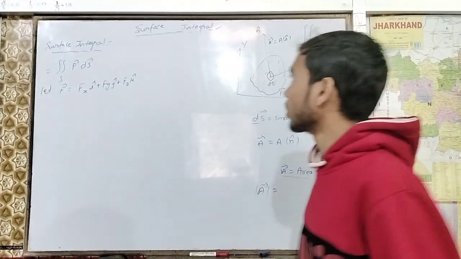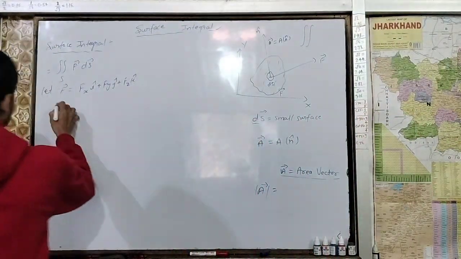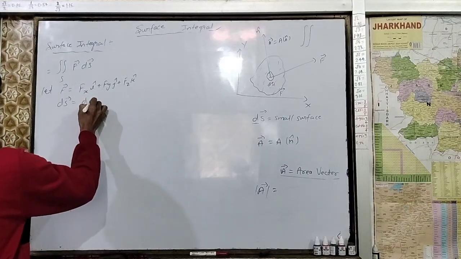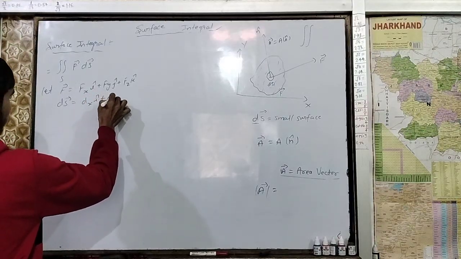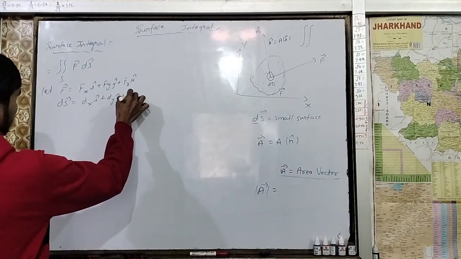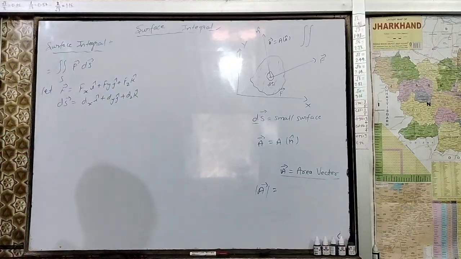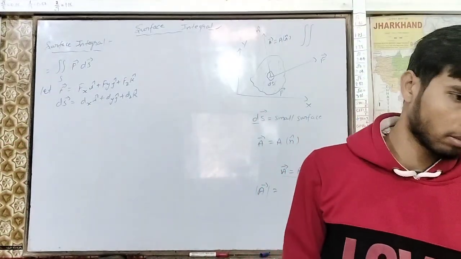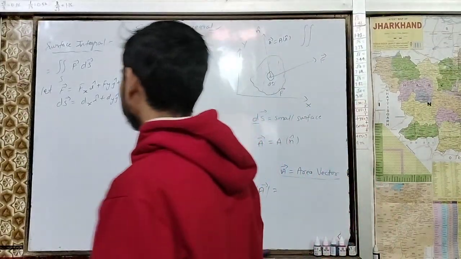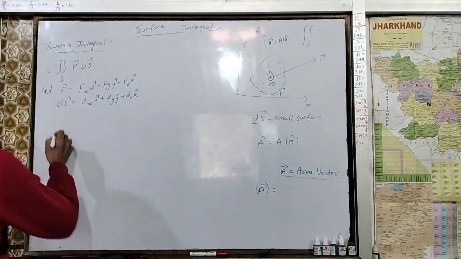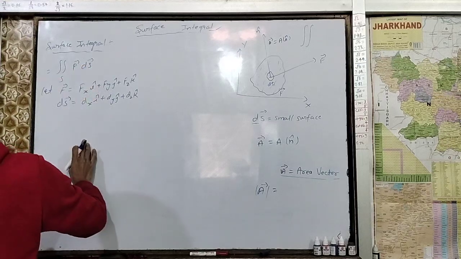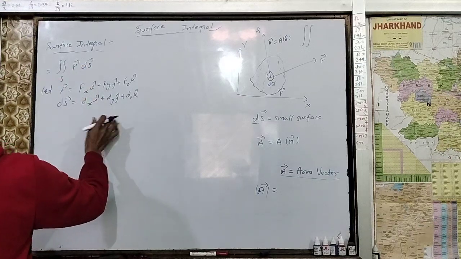Next vector, which is dS, is dx i cap plus dy j cap plus dz k cap. These were the two things that we need.